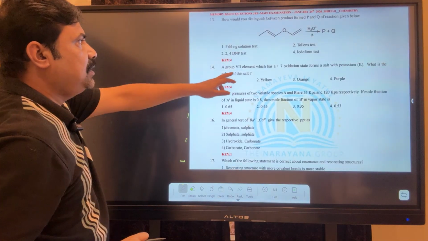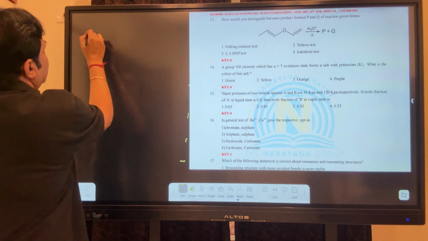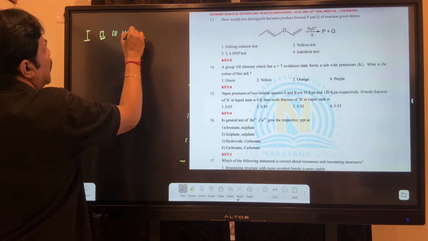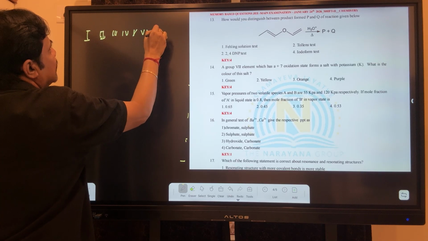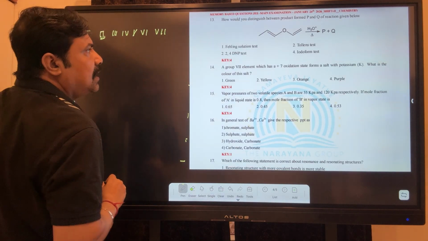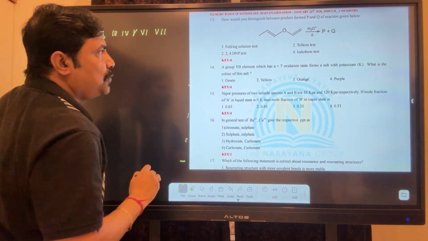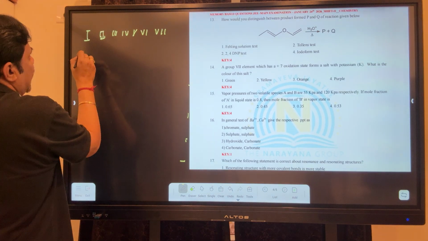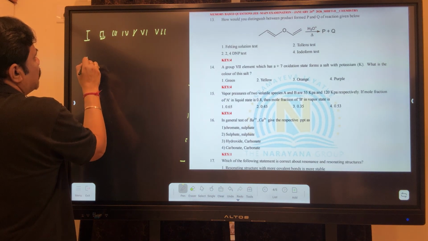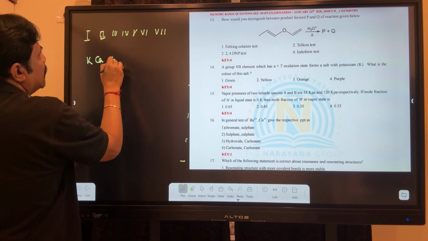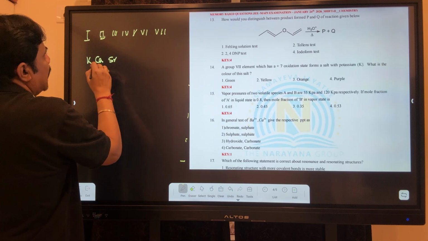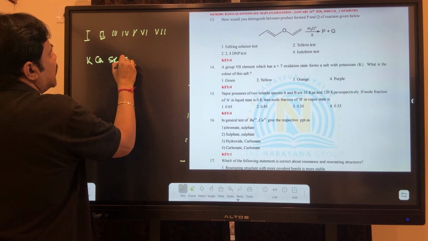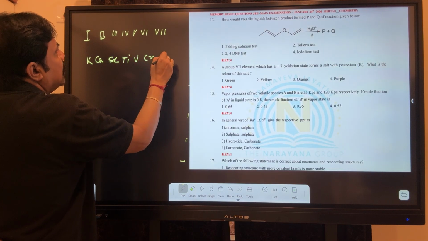Here what they are giving is a group 7 element. You have group 1, group 2, after that 3, 4, then 5, then 6, and then 7. Now consider the transition elements, group 7 element plus oxidation state form. Transition elements: you have potassium, calcium, scandium, titanium, vanadium, chromium, manganese.